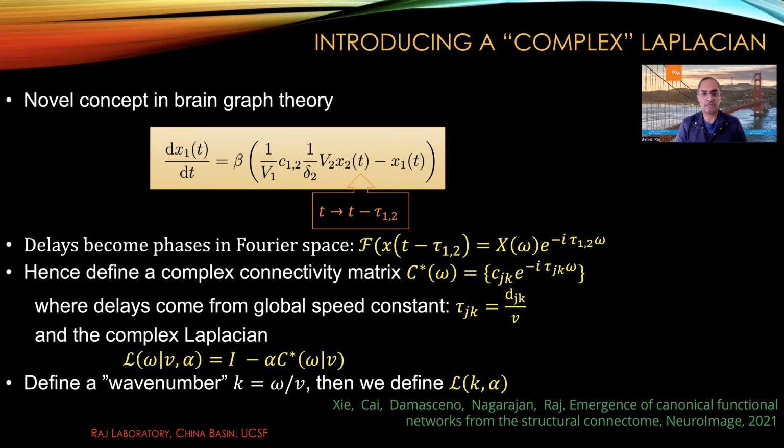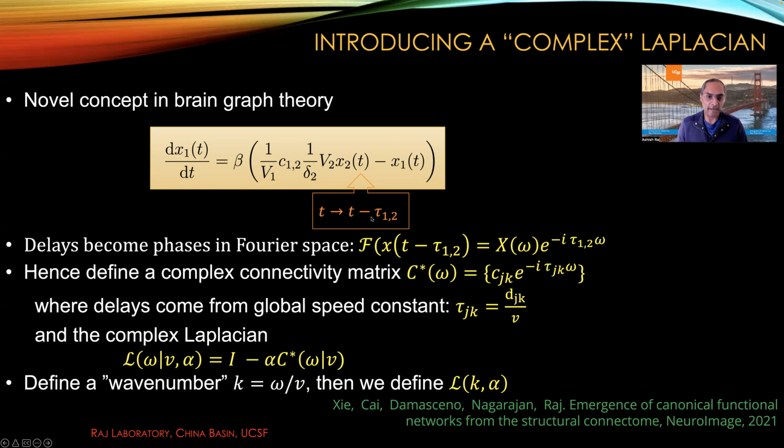And a key aspect here is, and I'm reproducing the diffusion equation from the previous slide here, you see that if you replace the t, the time parameter, from a distant region coming into the current region with a delay term, tau 1, 2, and delays are after all realistic in brain networks because nothing travels at the speed of infinity.